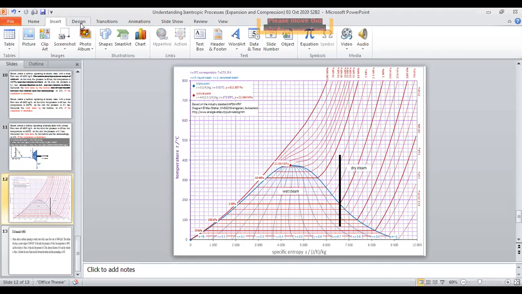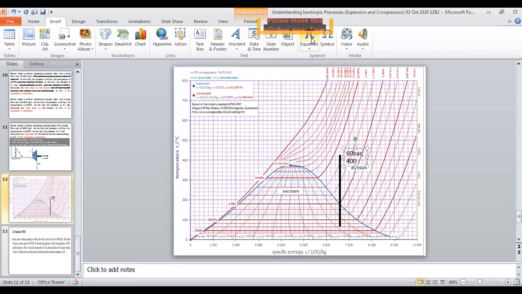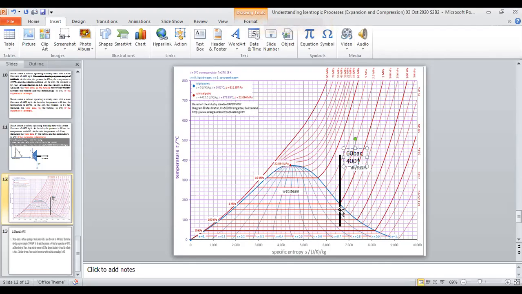So let's say I insert 60 bar, 400 degrees Celsius. That's the starting point.